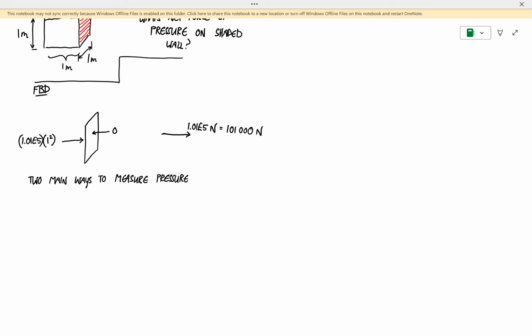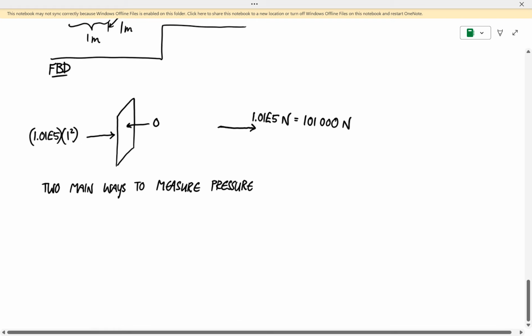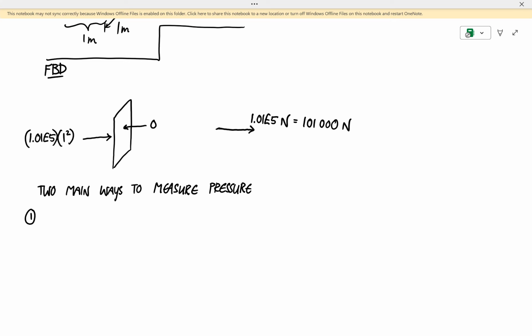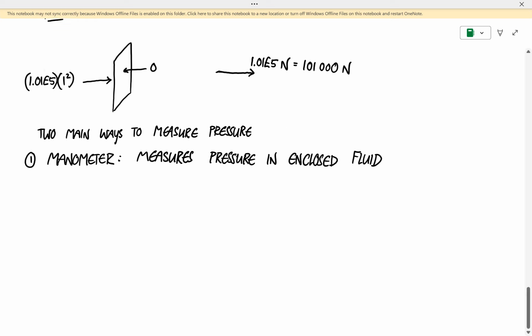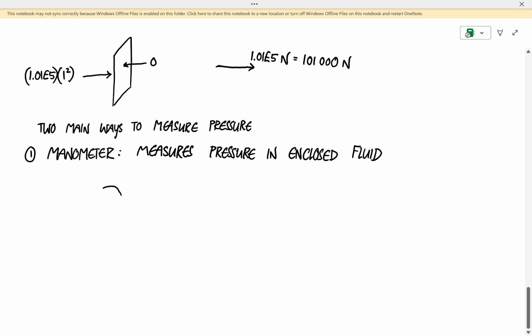The first one is called a manometer, and it measures the pressure in an enclosed fluid. So it looks something like this.